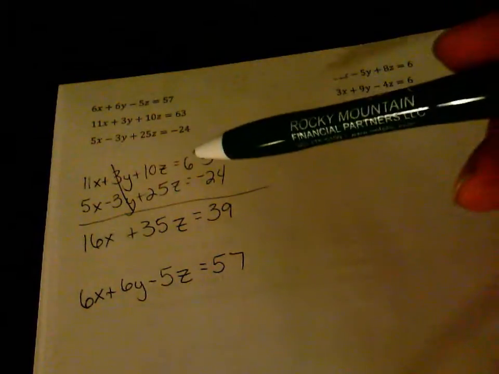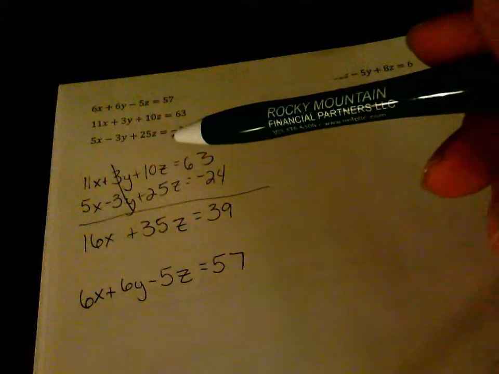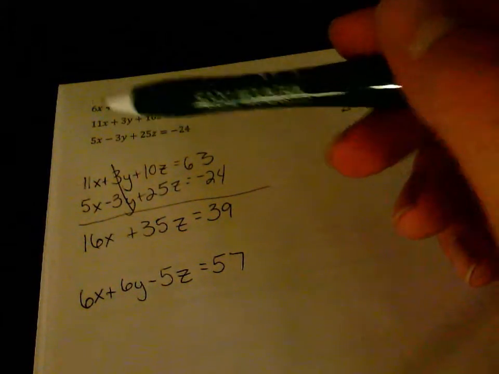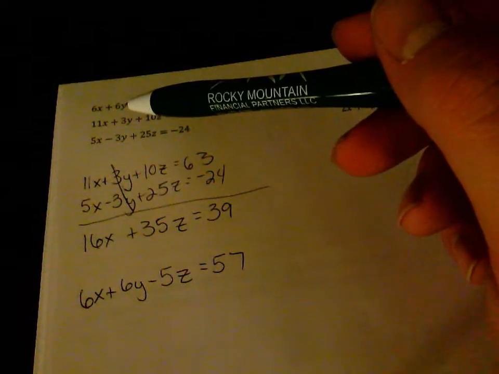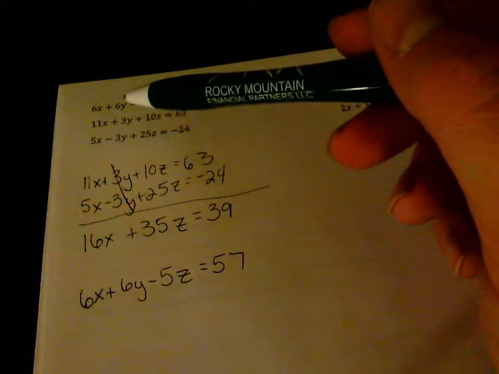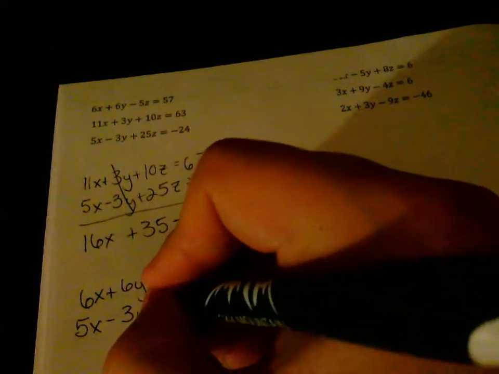The next thing is to figure out which equation is going to work best with this equation. I have a negative 3. I have a positive 3. This is a positive 6. I need a negative and a positive. So I already have my negative, I have my positive, so I might as well use this third equation. It wouldn't be wrong to use the second one. It just becomes a little more difficult.